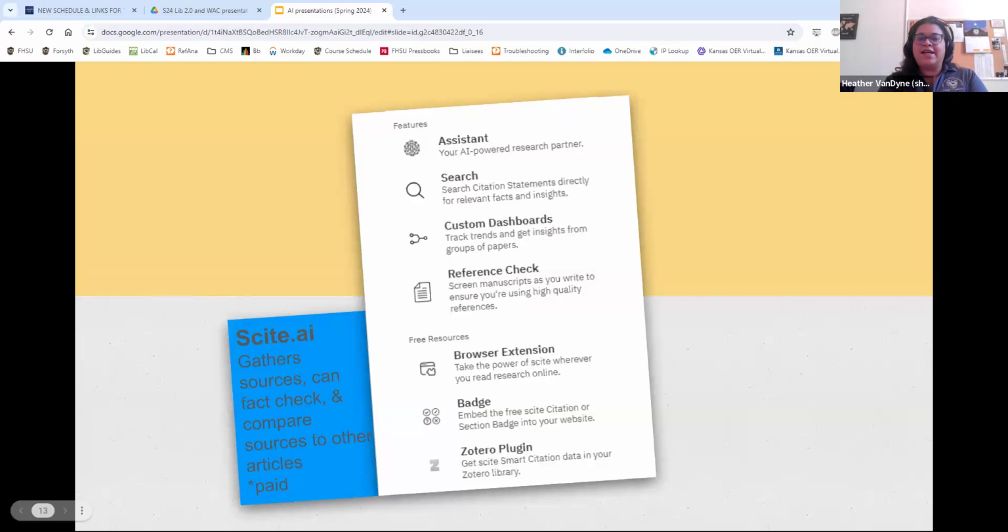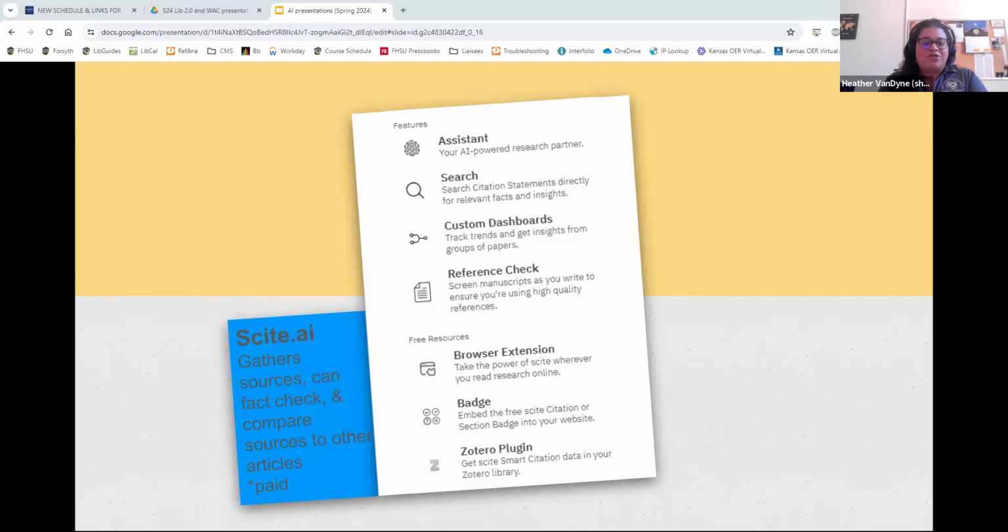Okay, so Cite AI. This is a Brooklyn-based organization that helps researchers better discover and understand articles through their smart citations, citations that display the context and describe whether the article provides supporting or contrasting evidence. It is paid, it does cost money. I haven't explored it as much as I would a free platform, just because I don't want to pay for it.